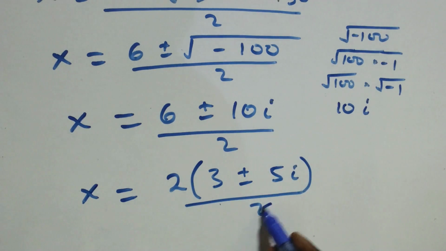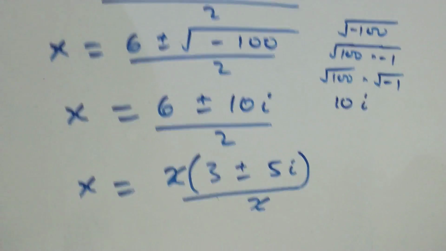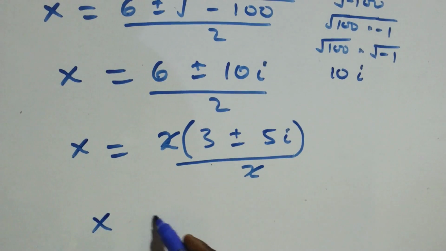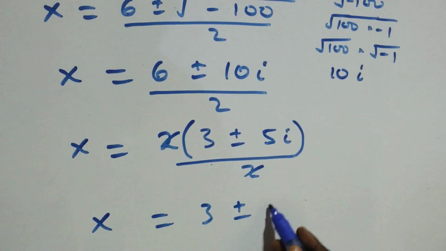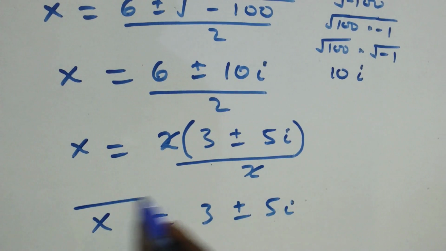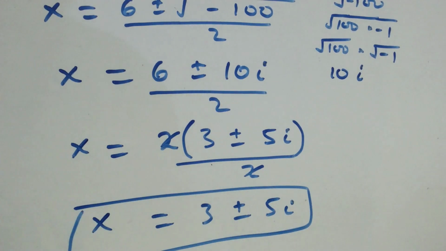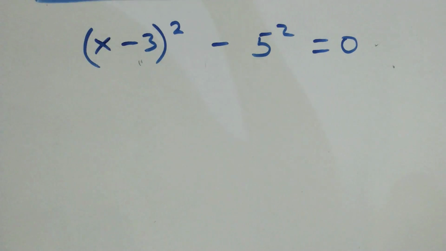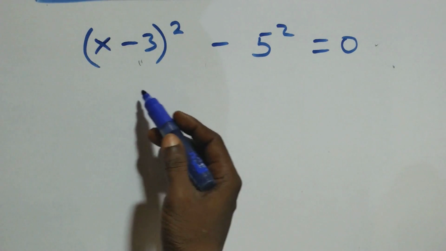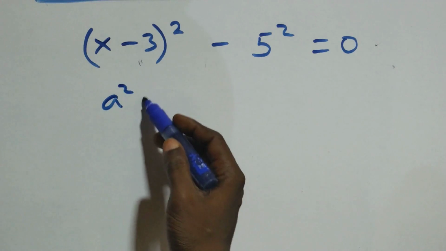And here 2 cancel each other. That is, this becomes x equals to 3 plus or minus 5i. Here now we have two complex solutions.